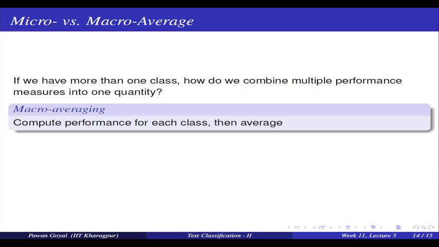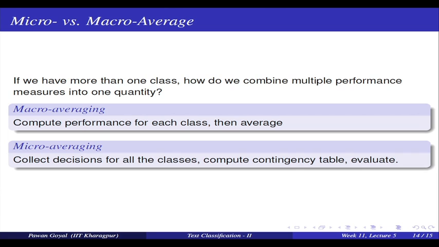So what is the difference? In macro average, I compute the precision for each individual class, and I take an average over them. Suppose my class 1 has a precision of 0.7 and class 2 has a precision of 0.9, I take an average: 0.7 plus 0.9 divided by 2, 0.8.